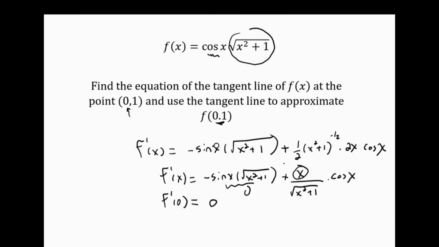So that means my tangent line in point slope form would be y minus 1 is equal to 0 times x minus 0, or in this case, this simplifies to y equals 1. So that means that at anything close to 0, the tangent line approximation is going to come out to be 1. So what I have here is f of 0.1 is approximately 1 by using my tangent line.